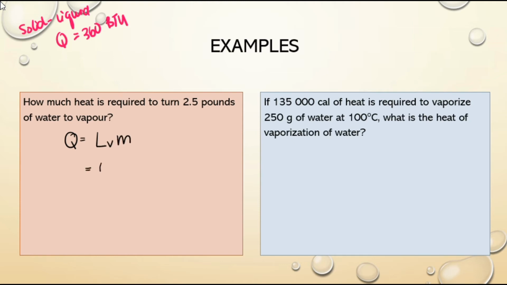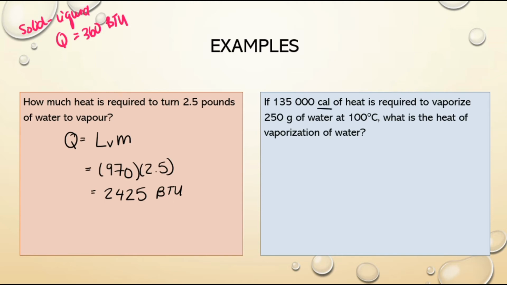Look it up on the chart, 970 multiplied by 2.5 gives you 2,425 BTU. That is a massive increase over what heat was absorbed to change it from solid to liquid.